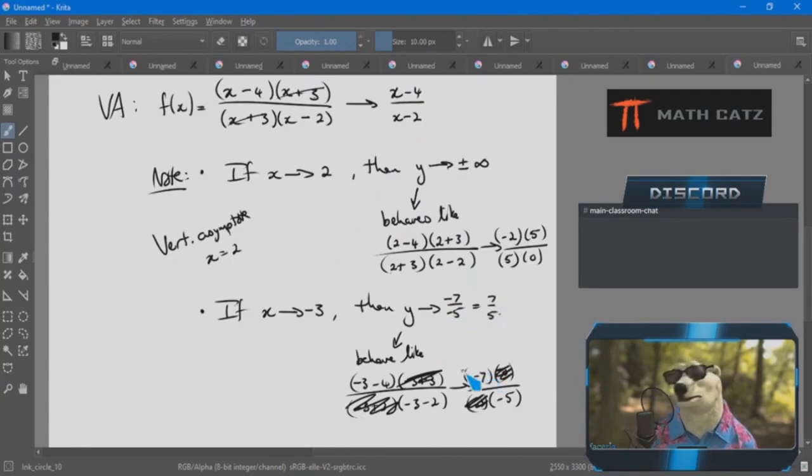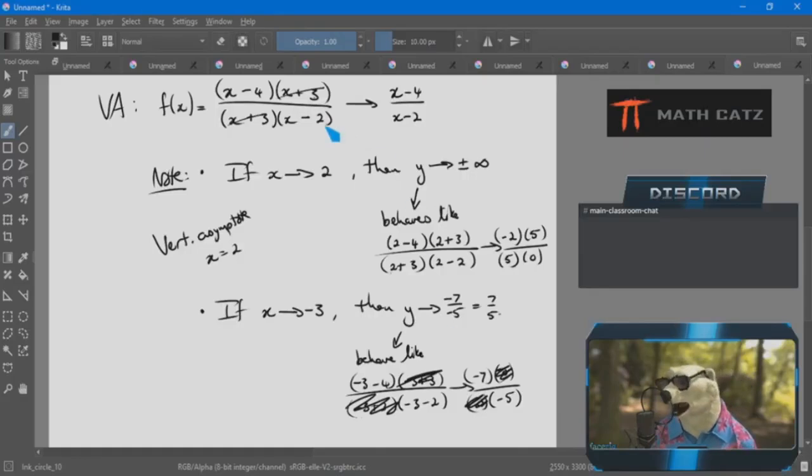So it's not as simple, unfortunately, as just looking at where the denominator equals 0. If there's something in the numerator that matches that behavior by way of the exact same factor, then a cancellation occurs and the y value doesn't blow up.